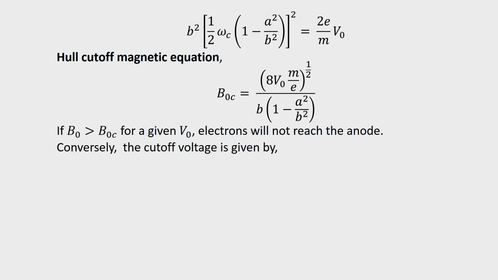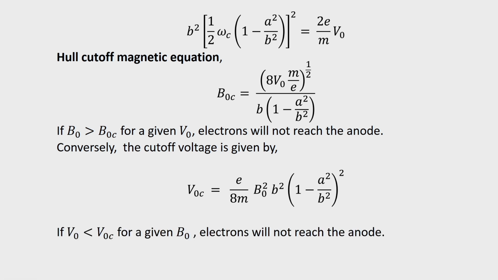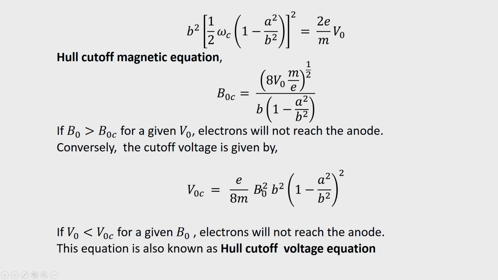Alternatively, given B, we can find a cutoff voltage. V0C is the cutoff voltage, and if the applied voltage V naught is less than V0C for a given B naught, electrons will not reach the anode. This is called the Hall cutoff voltage equation.